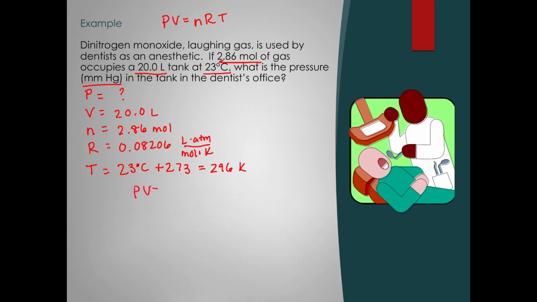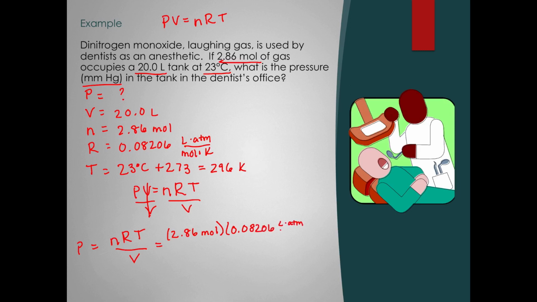Okay, so now we have PV equals nRT. We can divide both sides by our volume to get our pressure by itself. And so then we get pressure equals nRT over V. And then we can just plug in our values, all over our volume, and then make sure to round for sig figs and you will get your answer.